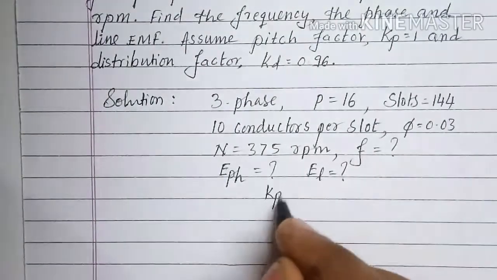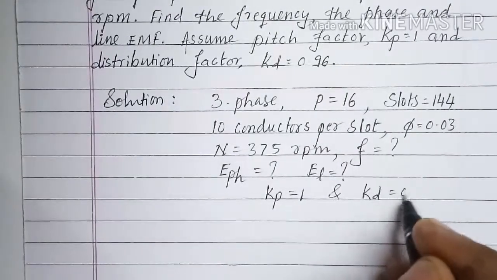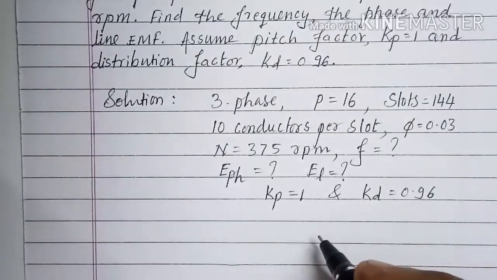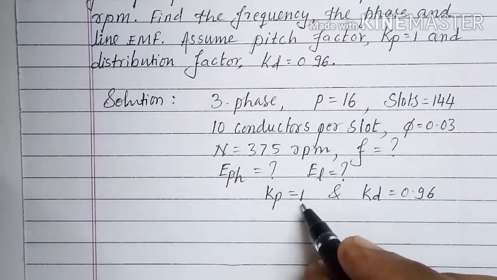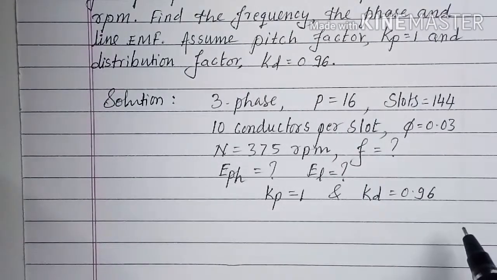Given Kp equal to 1 and Kd equal to 0.96, which means that coils are full pitched and the winding is distributed type.